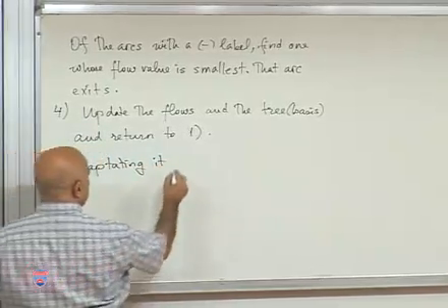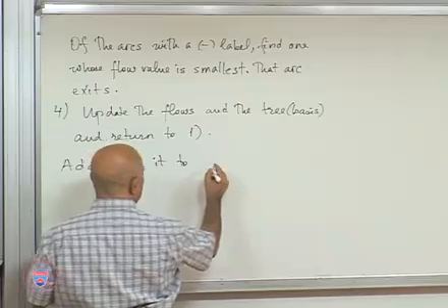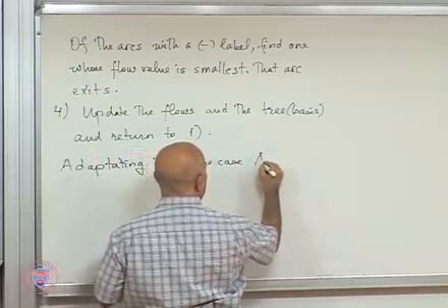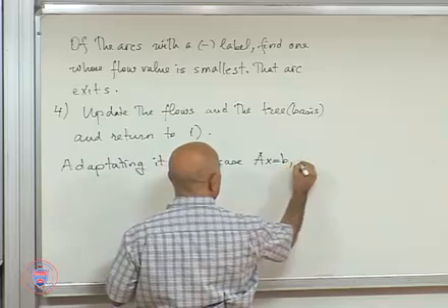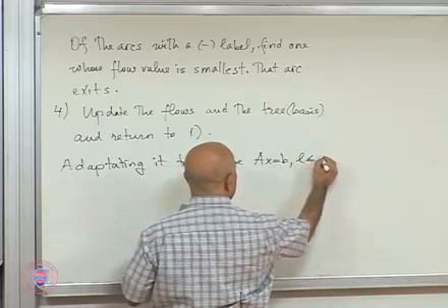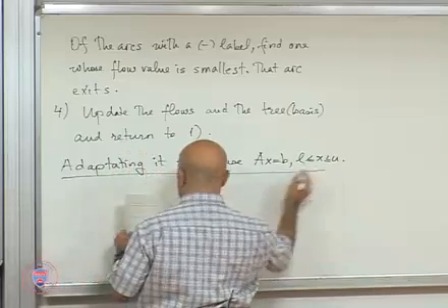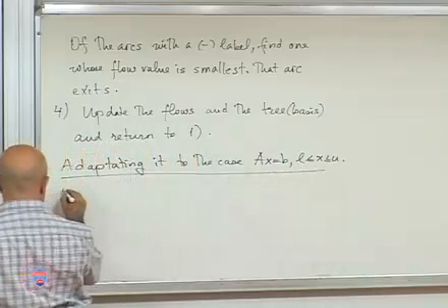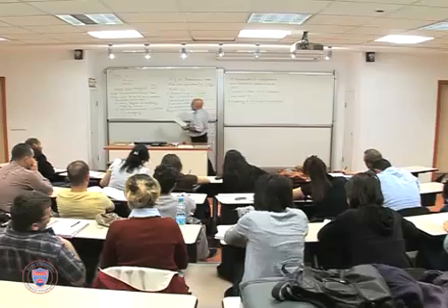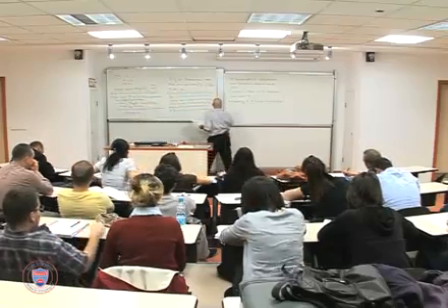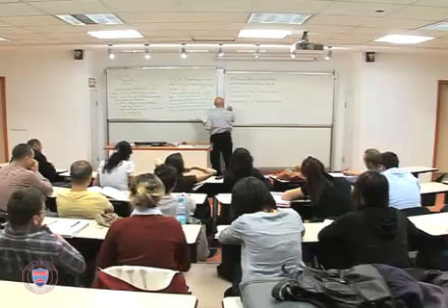Adapting the method to the case of AX equals B with lower and upper bounds. Of course, the initial part does not change, so initial is the same.